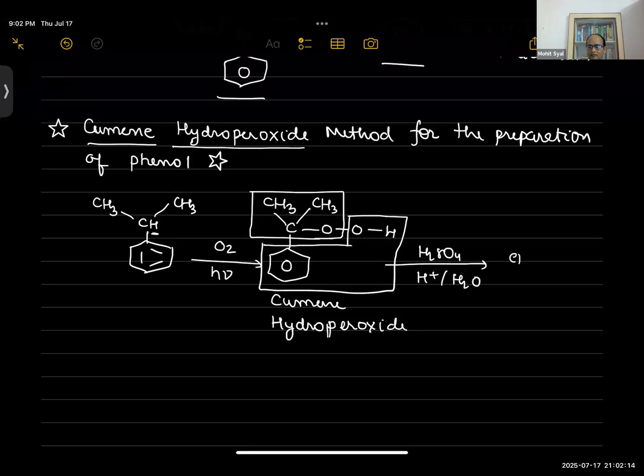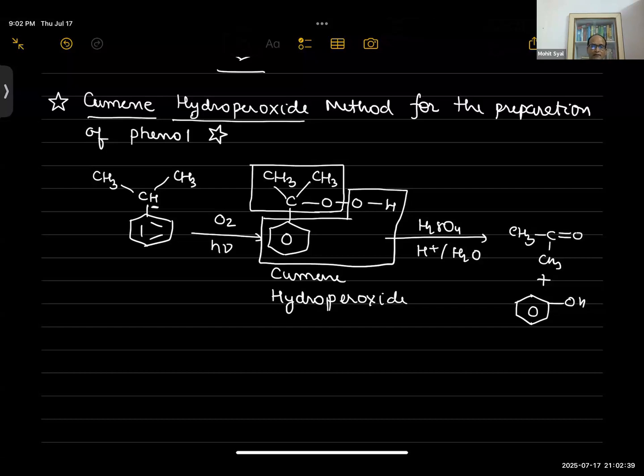The one is acetone, and the lower one is phenol. I have put a box on them. Is it clear?